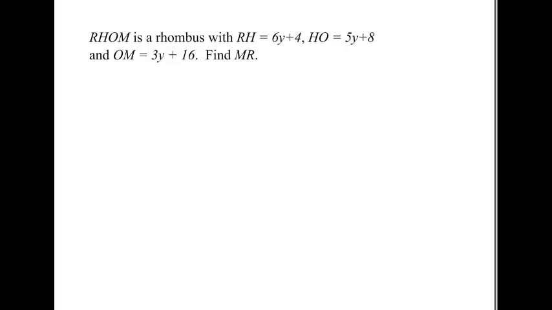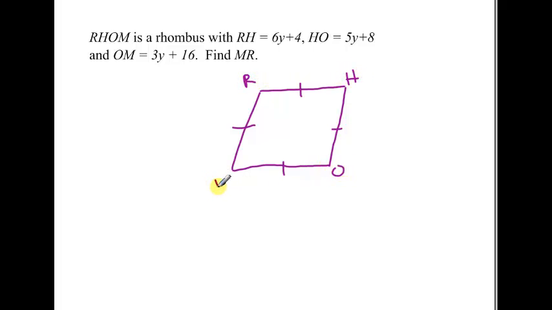Let's try some out. Oh, here's another one of those. We have to draw our own picture. So we're going to draw a picture of a rhombus. Let's sketch that. You're going to want to make it look like all 4 sides are the same. Do your best. Of course, we're going to tick mark it and remove all doubt. So let's put our tick marks on there. So here's my 4 equal sides, and its name is RHOM. So R. Remember, you're going in order around this thing.